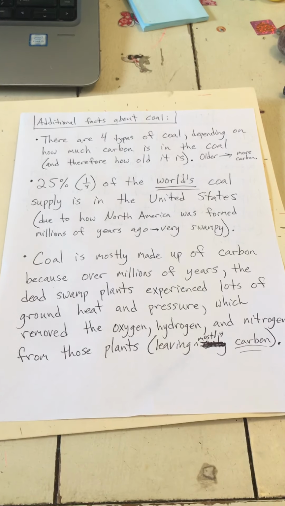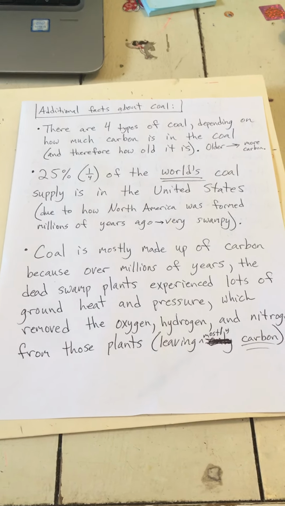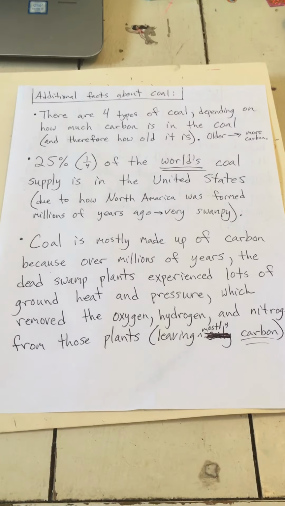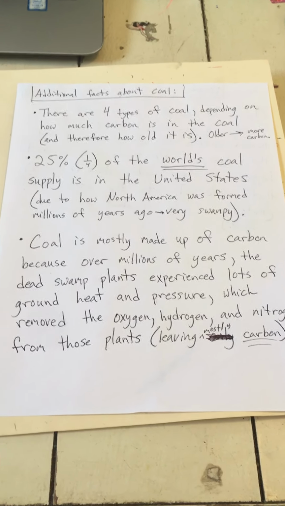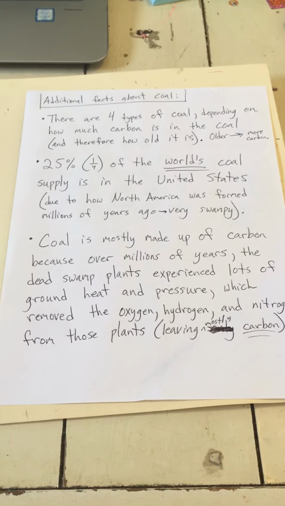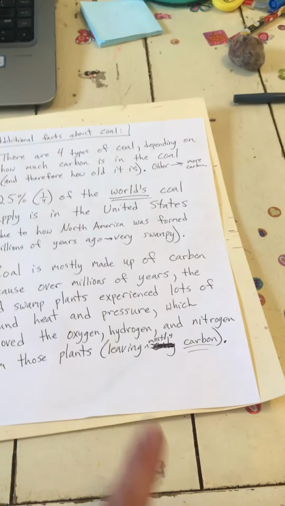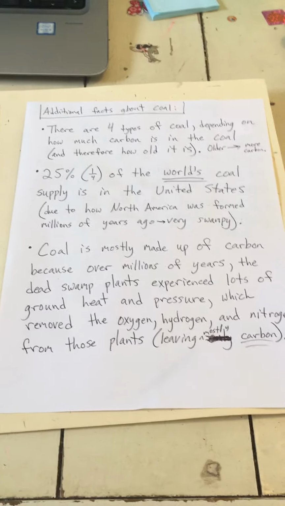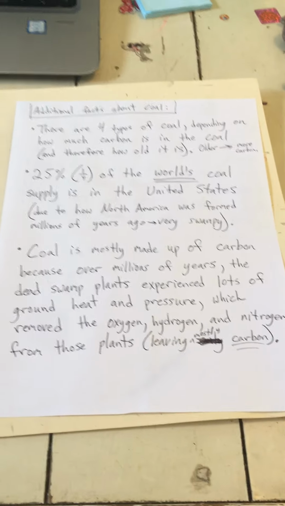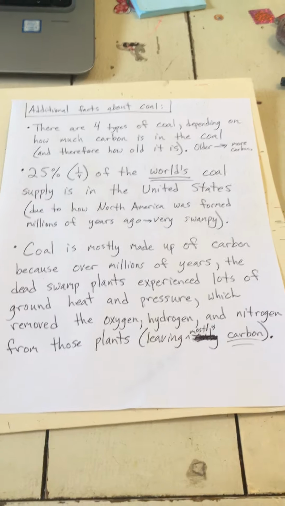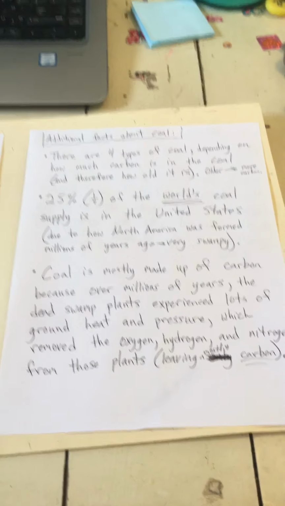And the last one: coal is mostly made up of carbon because over millions of years, the dead swamp plants experienced lots of ground heat and pressure, which removed the oxygen, hydrogen, and nitrogen from those plants, leaving mostly carbon. Those plants died. They had oxygen, hydrogen, nitrogen, and carbon all in them, right?